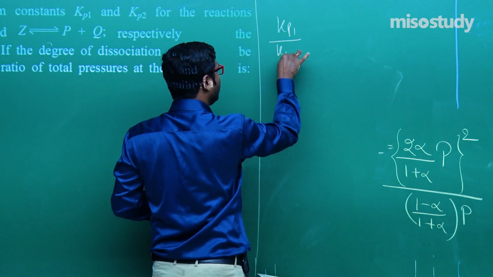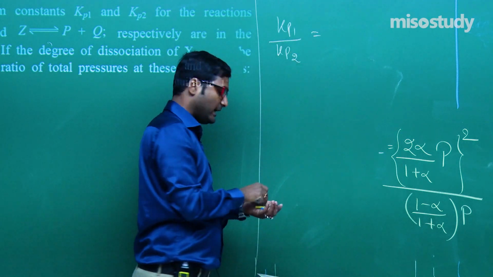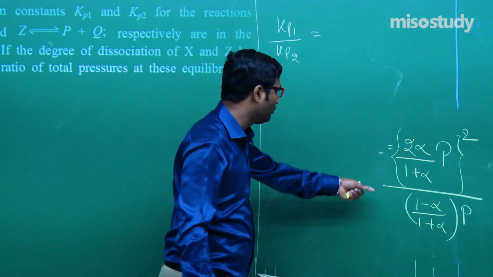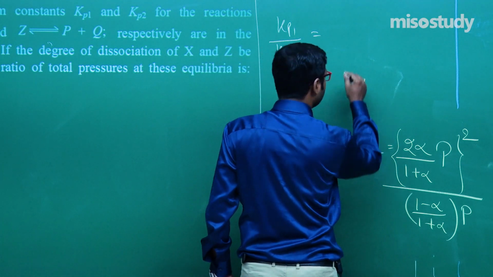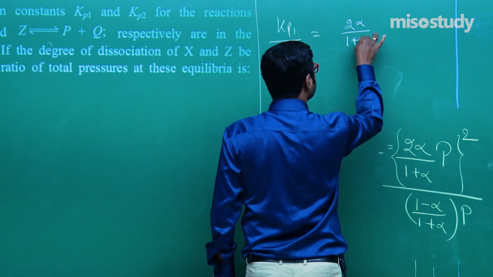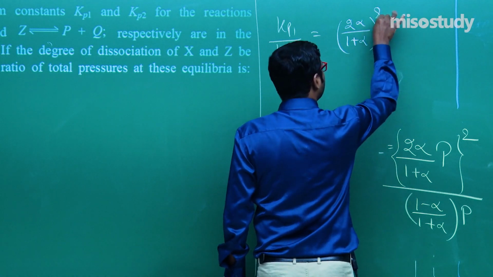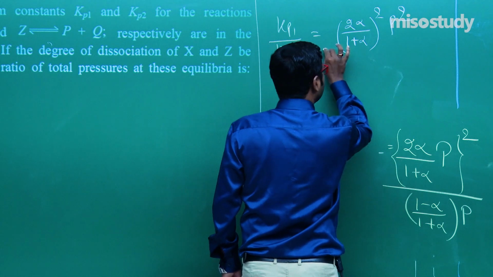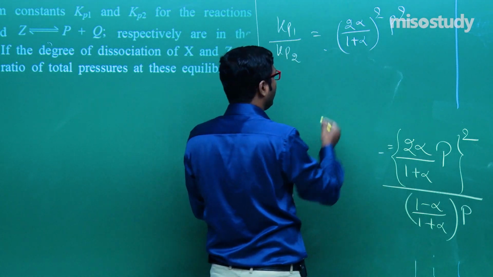Kp1 upon Kp2. Put the value of Kp1 and Kp2. Look at Kp1 is 2 alpha upon 1 plus alpha, square into P square. Clear? Wait for a moment.